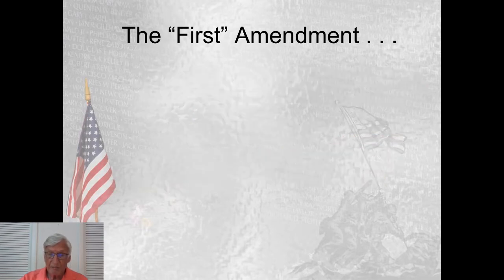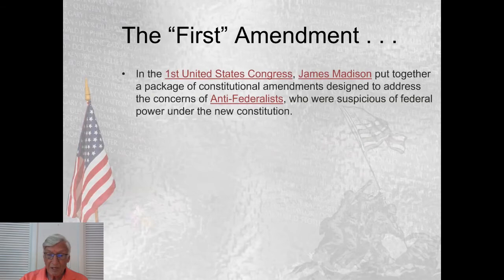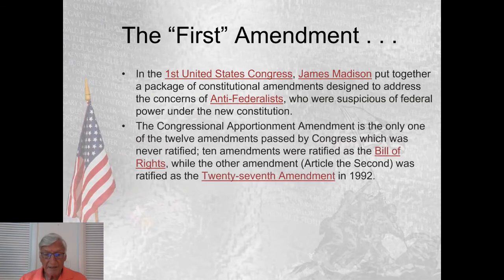The First Amendment is one of the 12 amendments, and it's the only one of the 12 which was never ratified. 10 amendments, as you know them, as the Bill of Rights, were ratified pretty quickly. The other amendment, Article the 2nd, was ratified as the 27th Amendment, but it took until 1992 for the 27th Amendment to finally be ratified by 3/4 of the states.